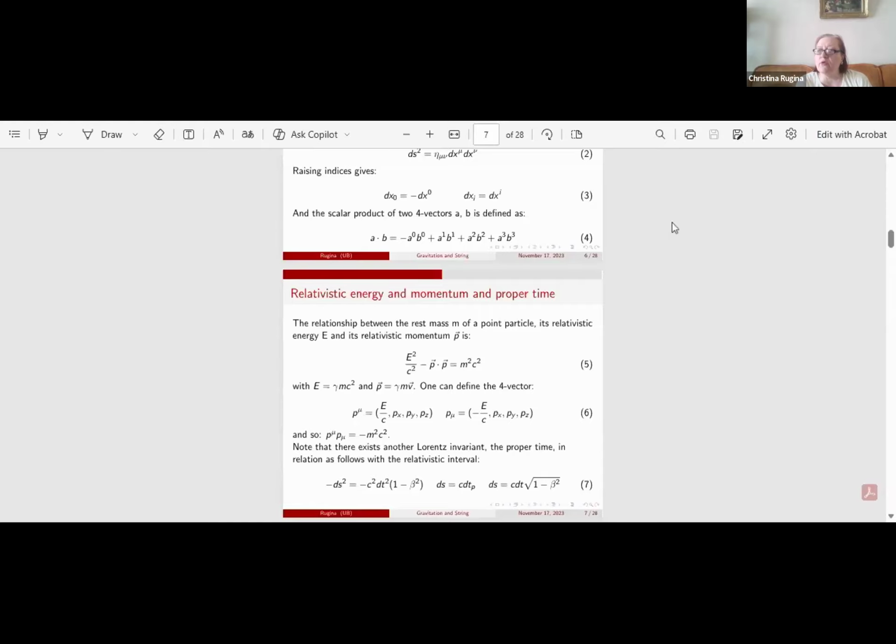I mean, basically, what can I tell you? If you have a mu like that, the Minkowski metric raises or lowers indices like that.